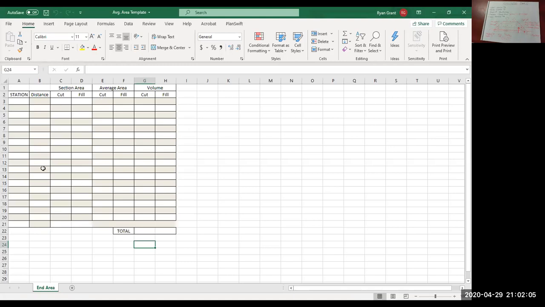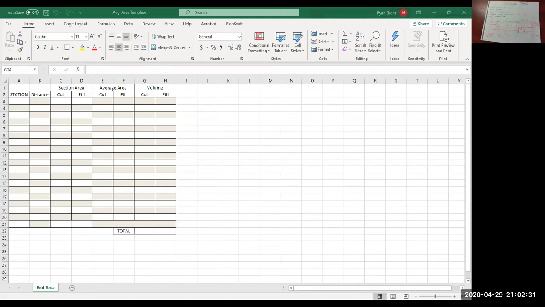So what this allows you to do is do a calculation of the end area for each cross section of the access road. So let me bring up the access road drawing so you know what I'm referring to.